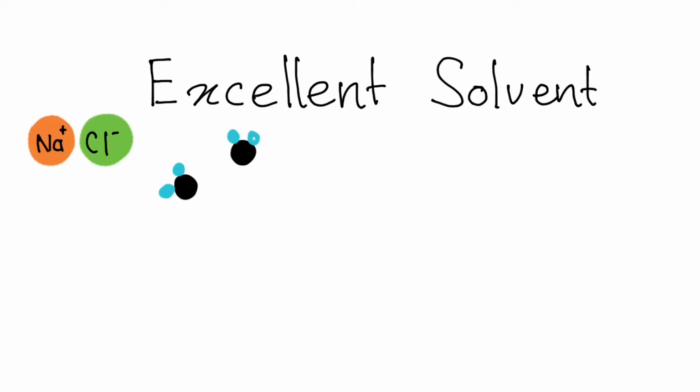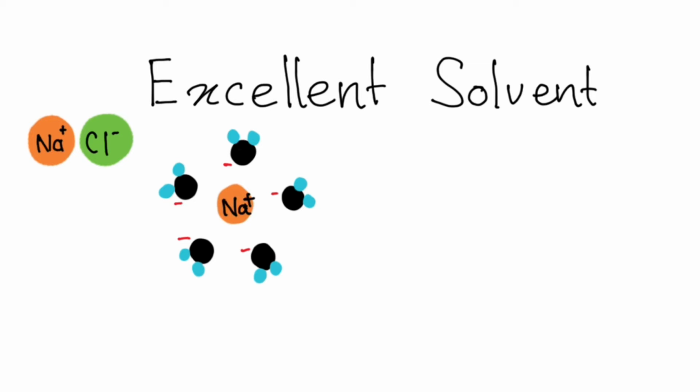In water molecules there is a negatively charged side, that is the side of the oxygen atom. This negatively charged side can attract the positively charged sodium atom of sodium chloride towards it.